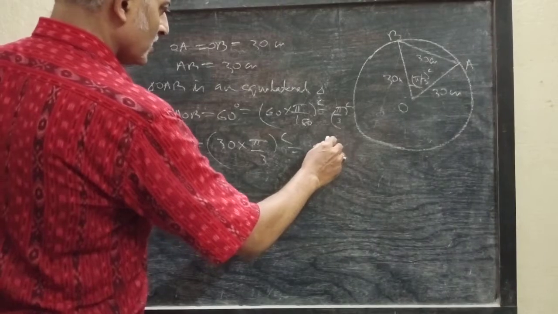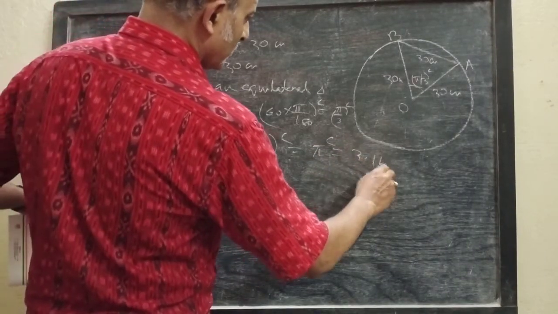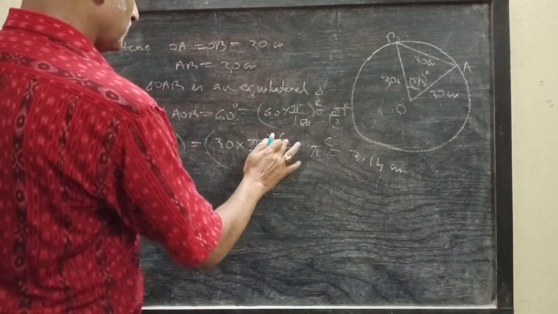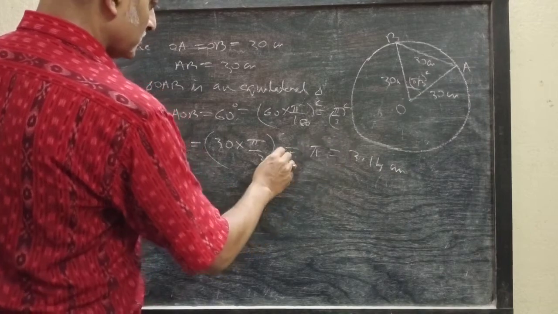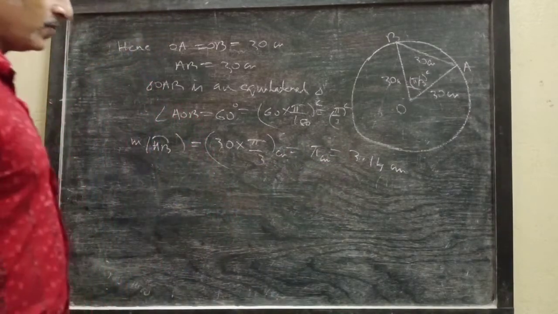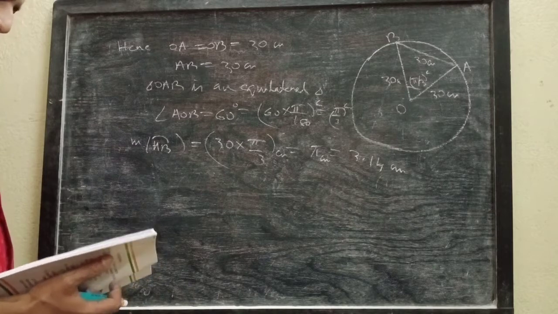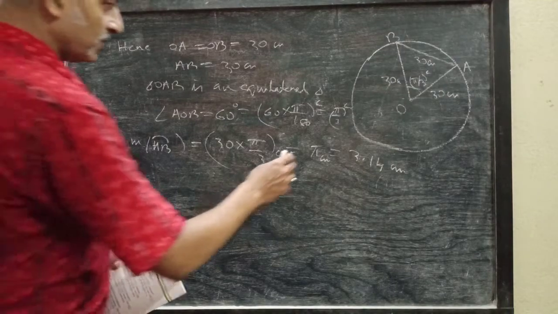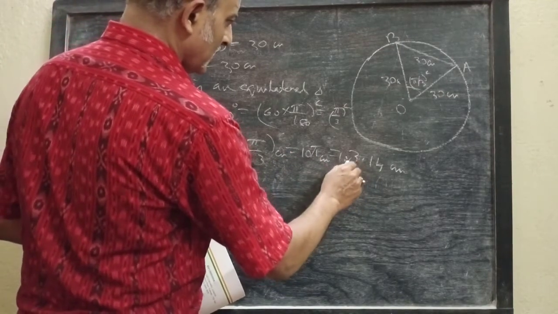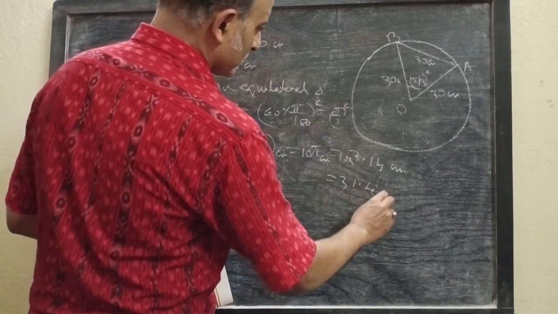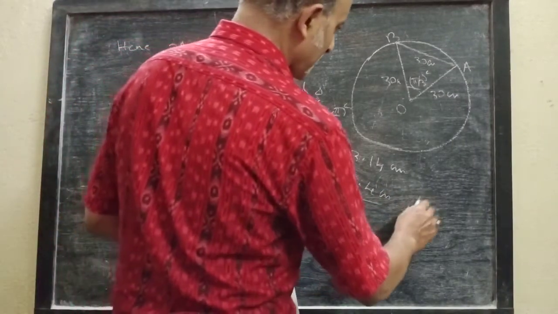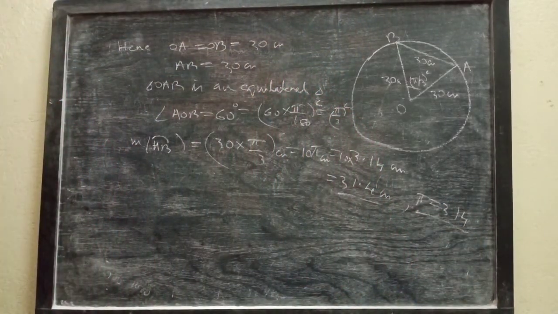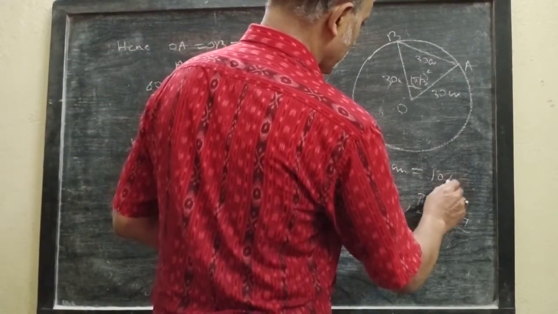So this will be 10 pi centimeter. If you consider taking pi equals to 3.14, that is 31.4 centimeter, or you may keep it in the form 10 pi centimeter also.